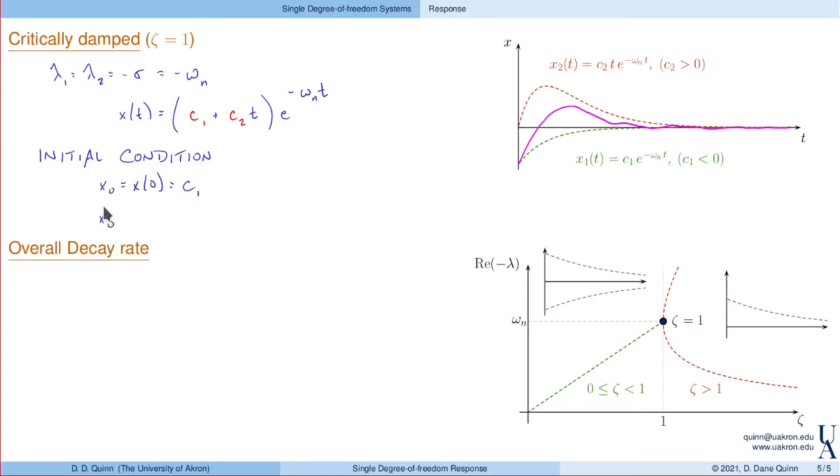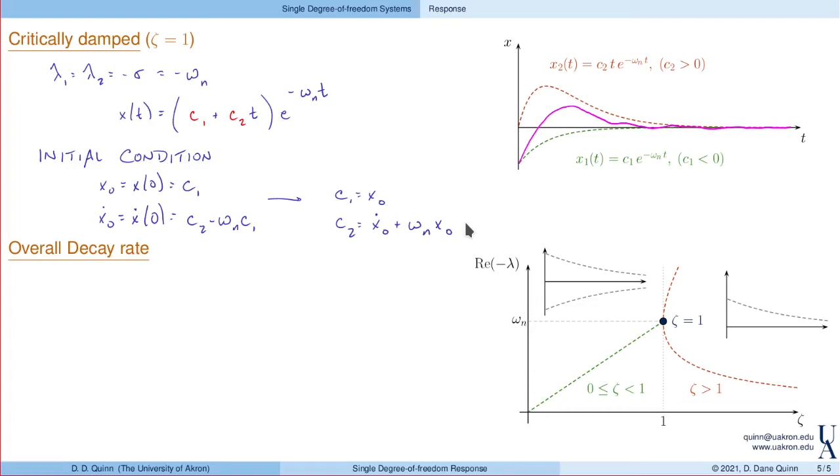X naught dot is x dot times 0, which again, taking the derivative, setting time equal to 0, gives me C2 minus omega n times C1. And so I can solve for C1 and C2. C1 is equal to x naught, and C2 here is x naught dot plus omega n times x naught.